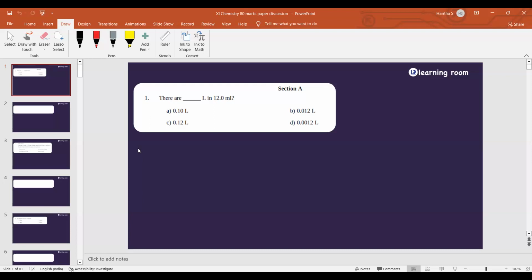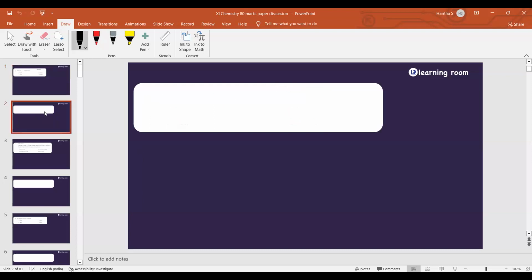Okay, fine. So what is the first question that we have got here? There are dashed letters in 12 ml. What is the relation between letter and ml? What is the relationship between letter and ml?